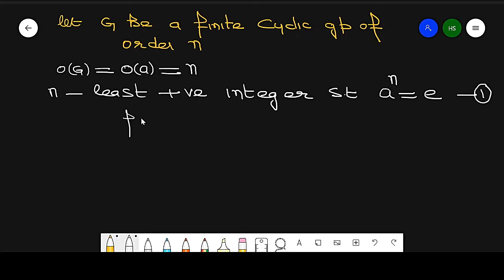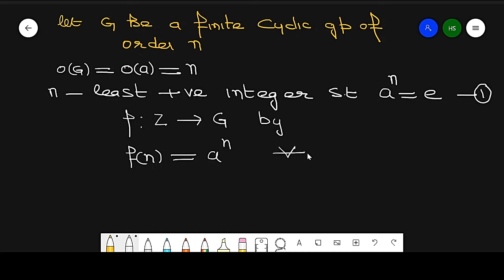So I define a map again from Z to G, by f of n equal to a raised to power n. On a similar line of action, we can prove that it is a homomorphism.